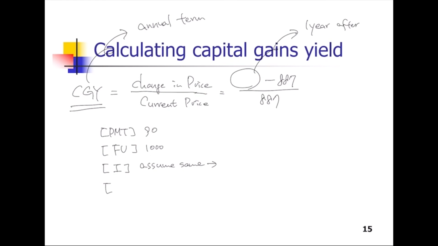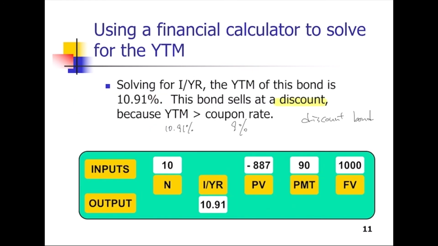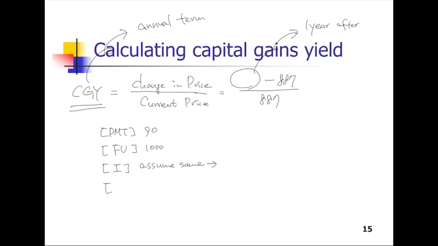It comes from this number, 10.91%, so it is 0.01091. And what about the N?